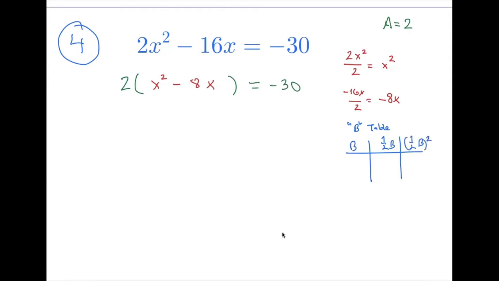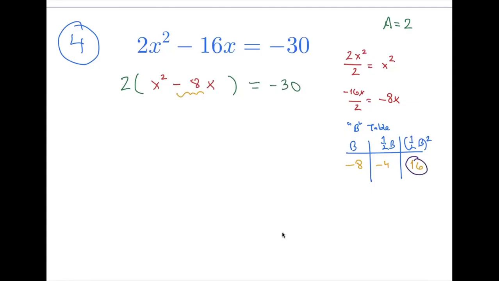B in this case is not the original B, which was negative 16, but the B that we have now in our parentheses, which is negative 8. So we put negative 8 for B. Half of that is negative 4, and negative 4 squared is 16. Why do I feel like I've done this before? Anyway, half of B squared is 16, so we're going to add that 16 into our problem.